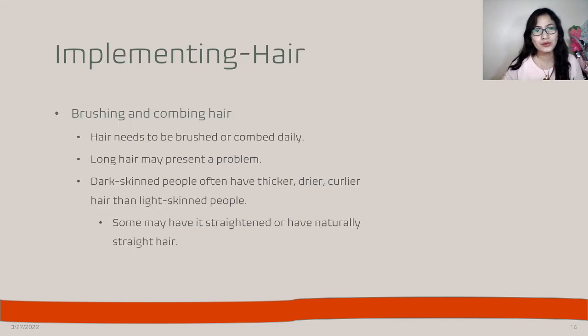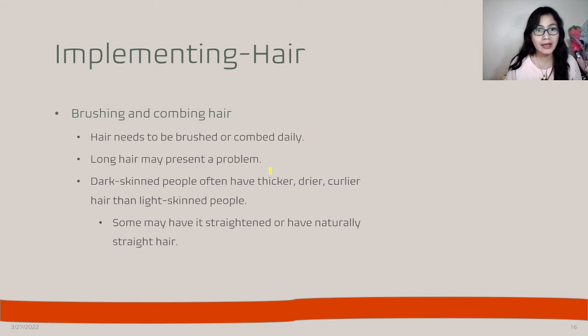So, how do we do the implementation? We can conduct brushing and combing of the hair. This is needed by the client in order to prevent any possible tangles in the hair. So the hair needs to be brushed and or combed daily.